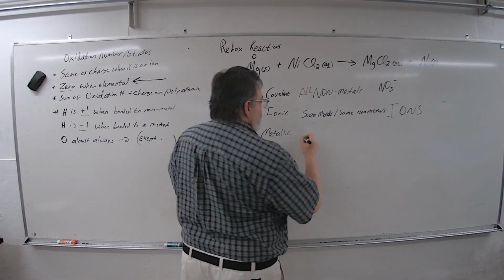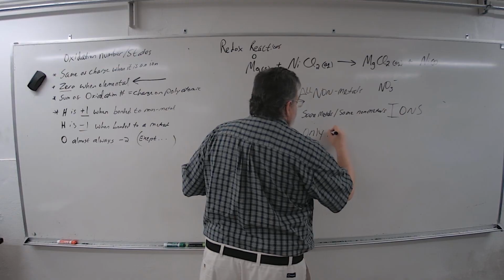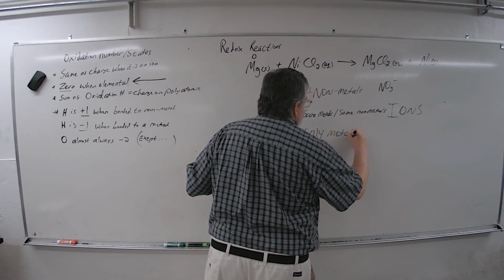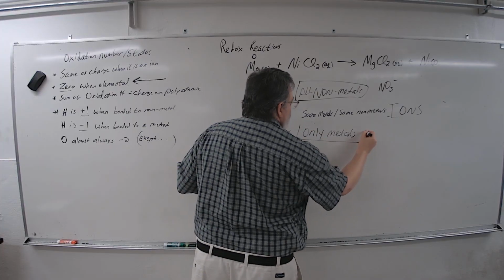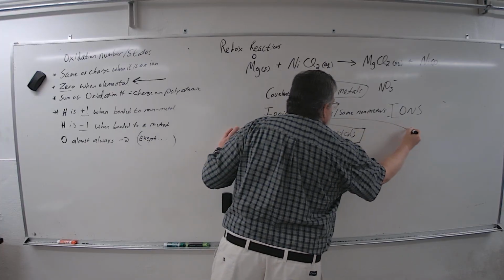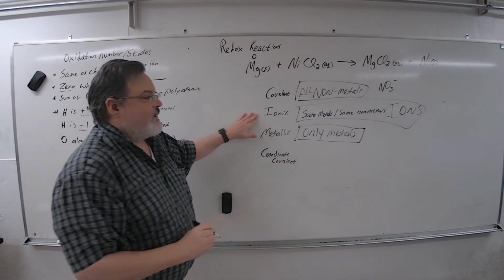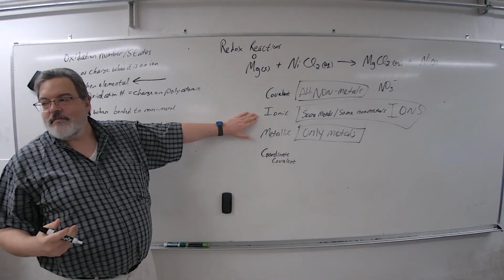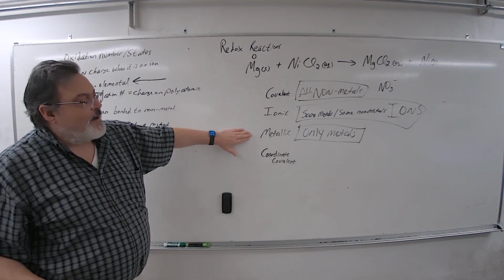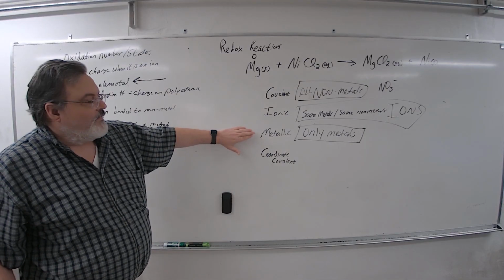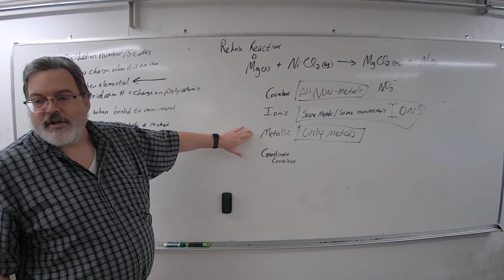Metallic is when it's, so these are all only nonmetals. These are all only metals, and this is a mixture of metals and nonmetals. Ionic compounds are the mixtures of metals and nonmetals. Covalent compounds are all nonmetals. Metallic compounds are all metals. These are what you thought of as metals before you took a chemistry class.